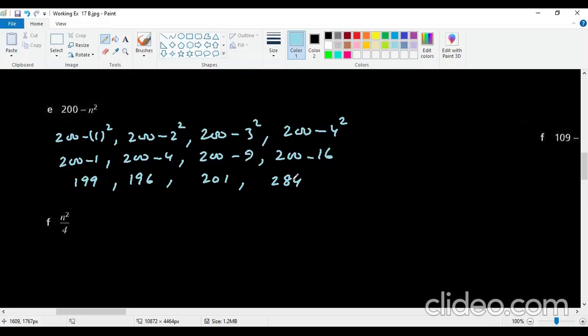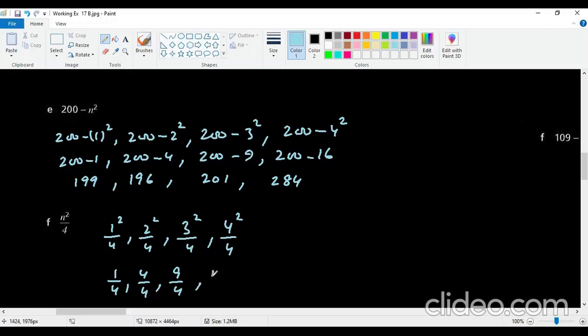For the third one, now comes the F part. 1 square over 4, 2 square over 4, 3 square over 4, and 4 square over 4. That means 1 over 4 and 4 over 4 and 9 over 4. Then comes 16 over 4.